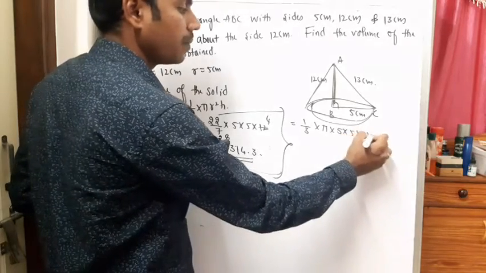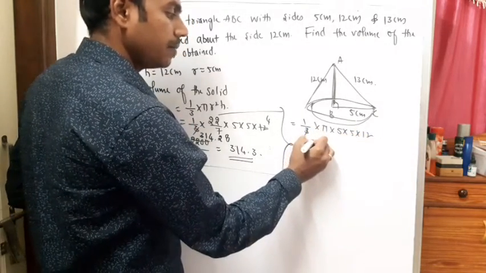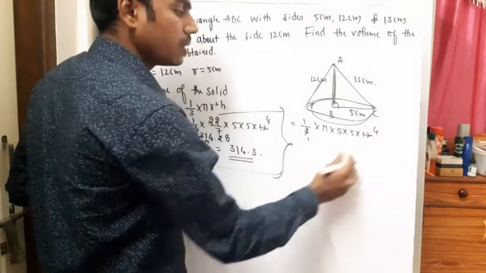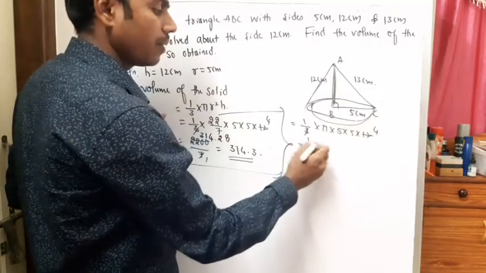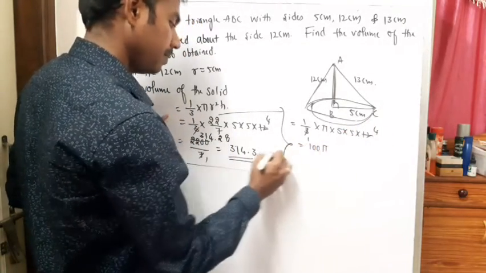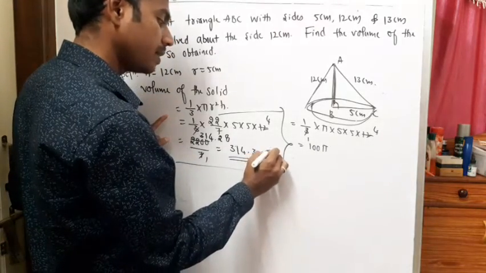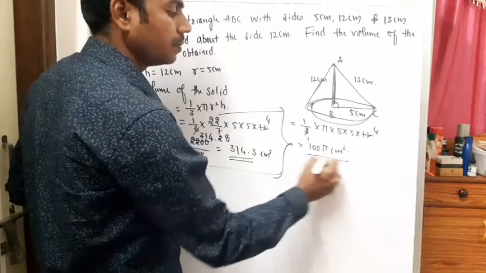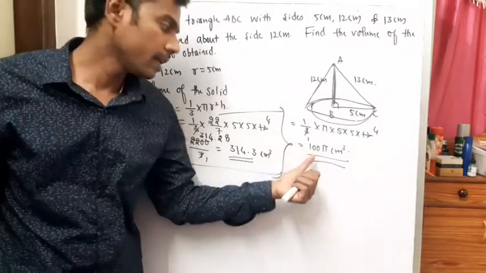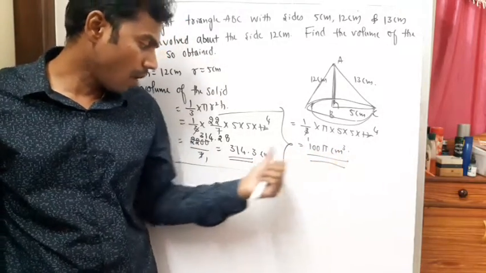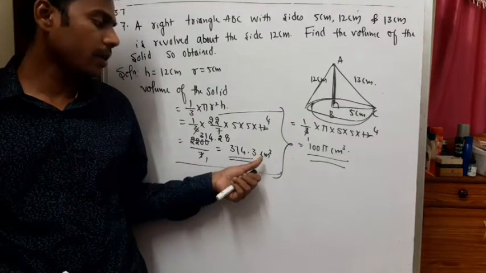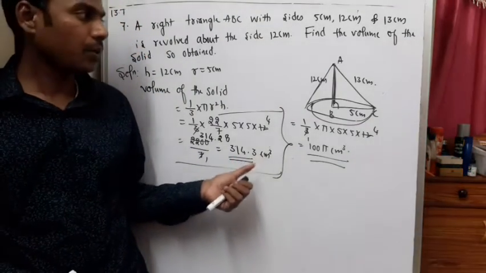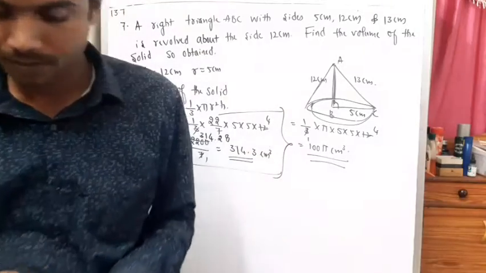H is nothing but 12. 3 1s are 3, 3 4s are 12, 5 4s are 20, 5 5s are 25, that is 100 pi. Either you can write it as 100 pi centimeter cube, or else the answer is 314.3 centimeter cube. Please note this down.